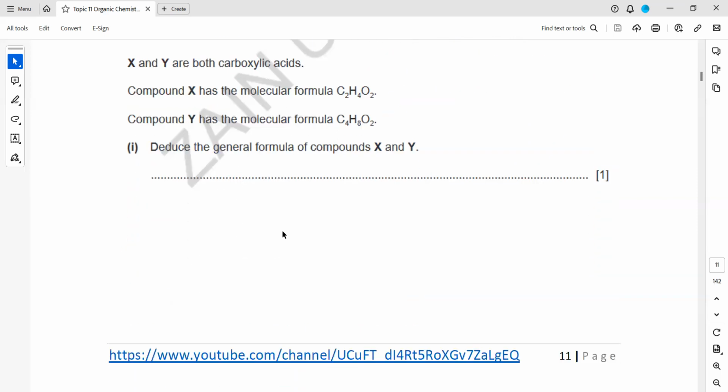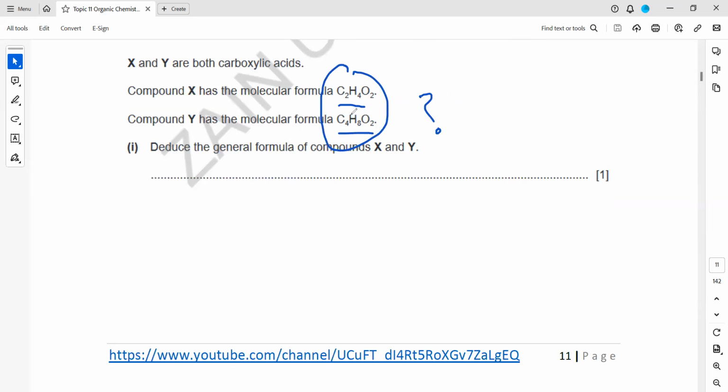Next, X and Y are both carboxylic acids. One is C2H4O2, another one is C4H8O2. Deduce the general formula. From these formulas, what could be the general formula of these carboxylic acids? The first one has 2 carbon, 4 hydrogen, 2 oxygen.